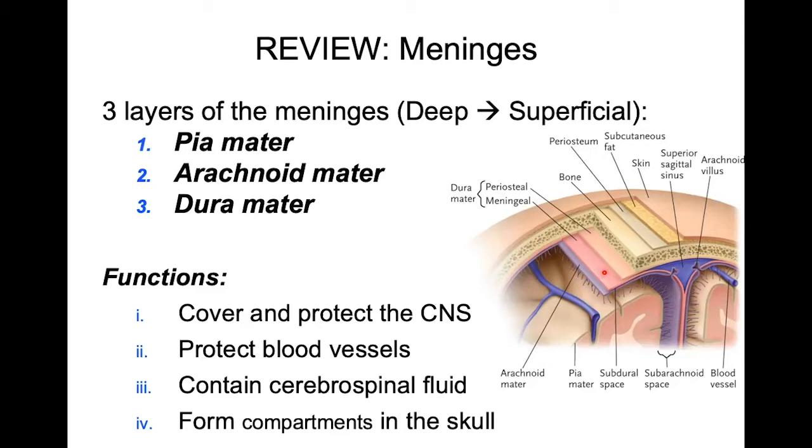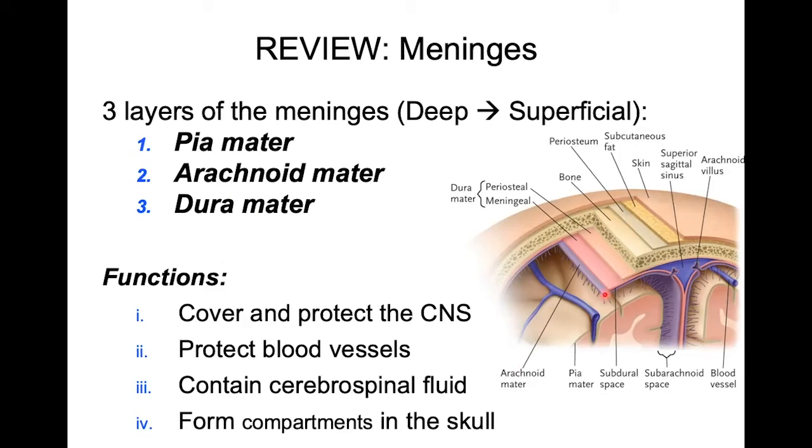Because remember last week, we talked about how in the cranial region, the dura mater is connected directly to the cranial bones. So there's no epidural space outside of the dura mater to add any extra cushion for our brain. Within the spinal cord, we have the epidural space, which is full of adipose tissue and acts to protect the spinal cord further.